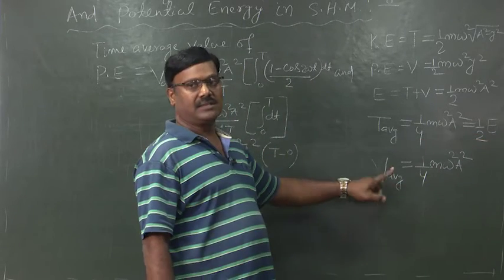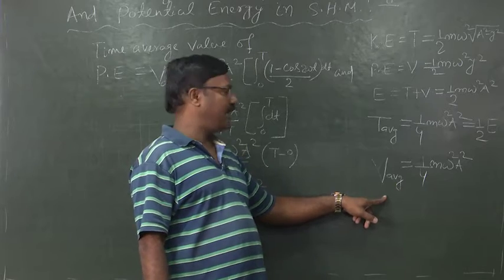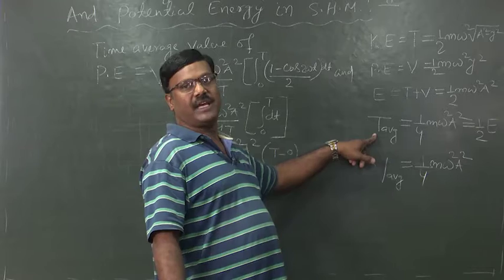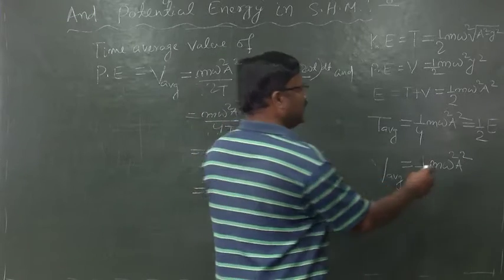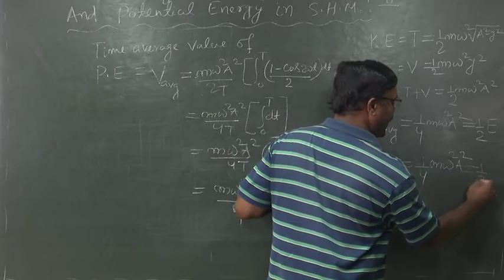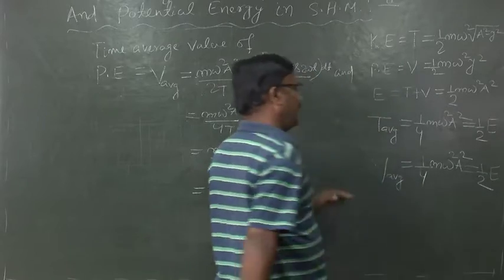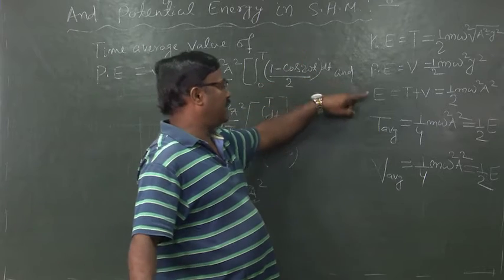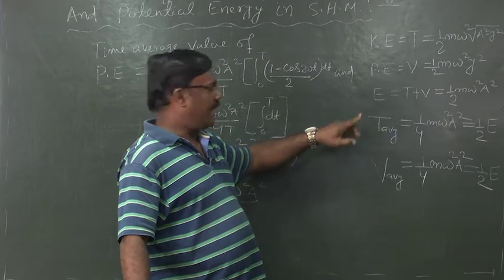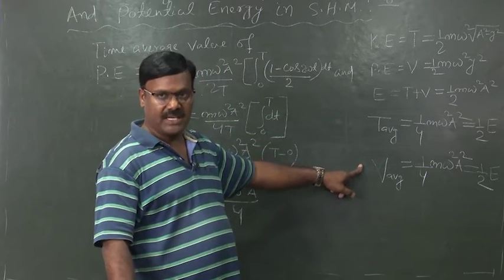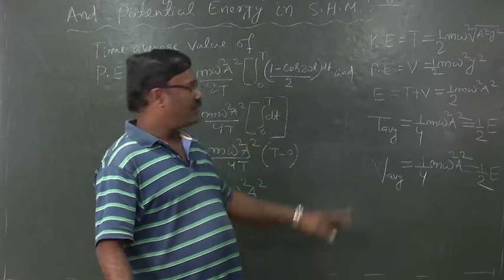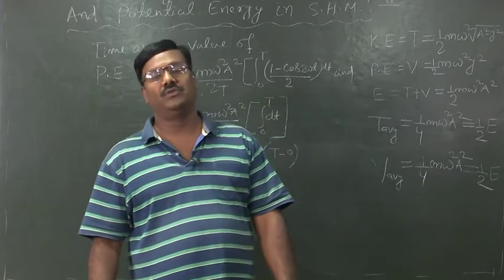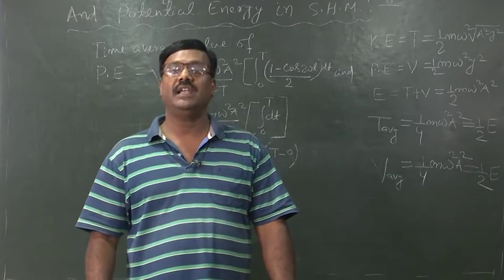Hence, the time average value of potential energy is the same as the time average value of kinetic energy and is also equal to half of the total energy. Here we have finished the time average value of kinetic energy and potential energy, and also shown that both are the same and are equal to half of the total energy.